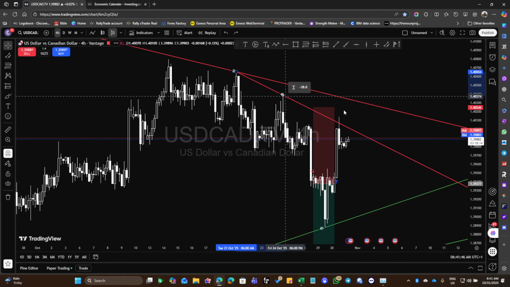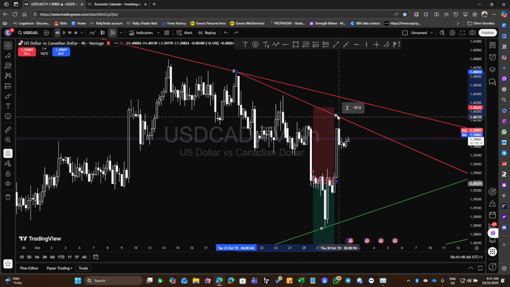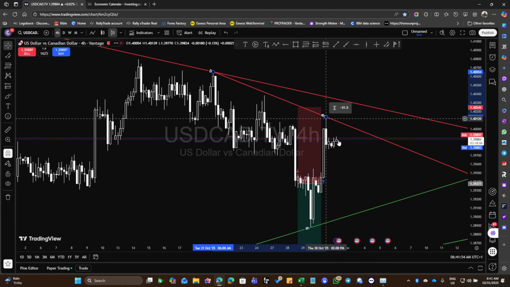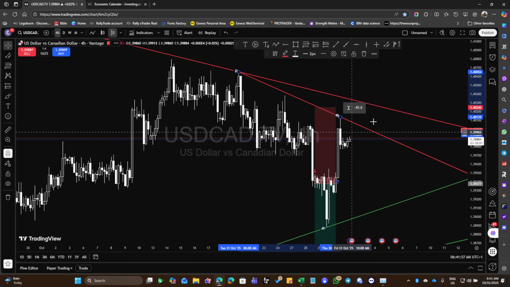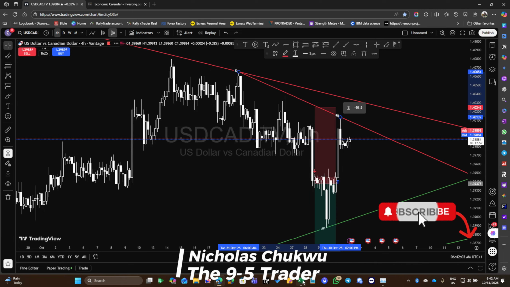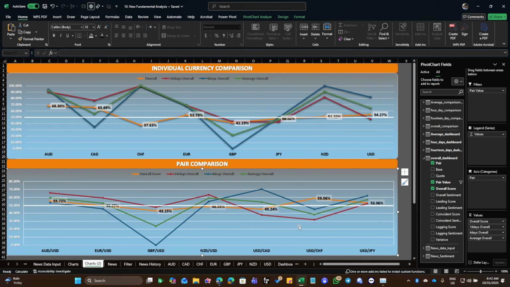Focusing on what's happening right now, I have this situation, and this is a situation that I don't see me trading anytime soon, even if it breaks above this position. Looking at the fundamental stance on the current markets, US dollar, Canadian dollar, we kind of have a bit of a mixture.